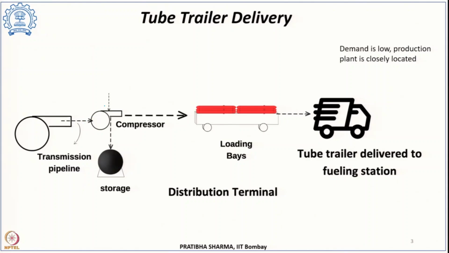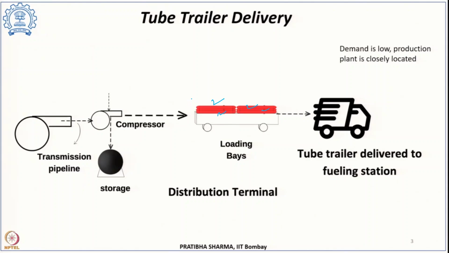Whatever I was telling you, in the transmission pipeline the hydrogen is compressed using a compressor, and this compressed hydrogen can be carried inside a cylindrical tube.